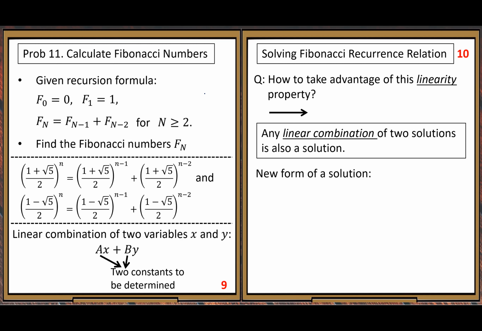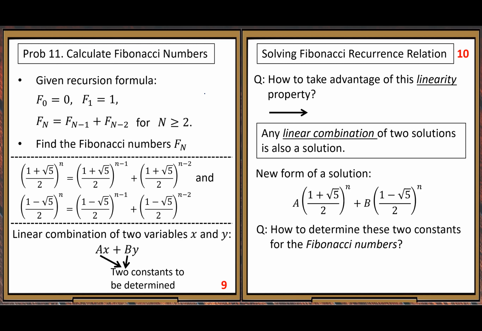So the new form of a solution is capital A times the first solution plus capital B times the second solution, a linear combination. Based on the linearity property, we know this new expression is also a solution.